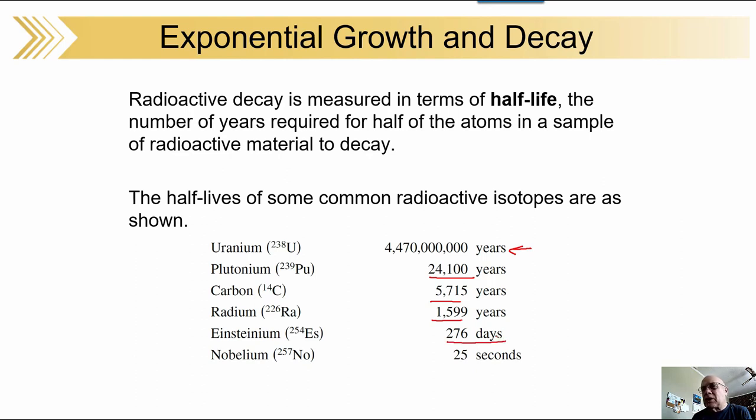You could actually watch that decay. 276 days later after you'd gotten that lump of einsteinium, only half of it would be left. Wait another 276 days, only 1/4 of it is left. Nobelium, you better not blink your eyes because that thing's going fast.